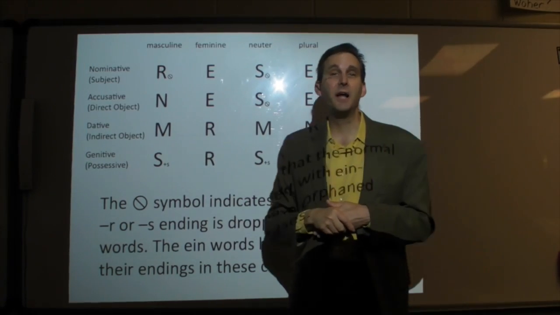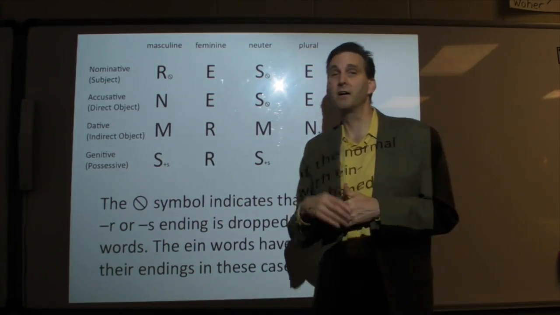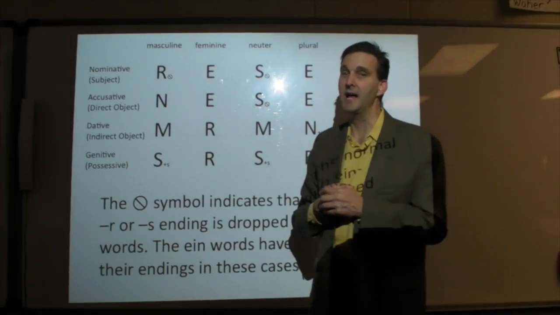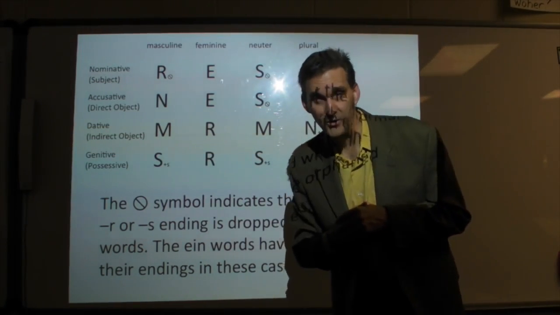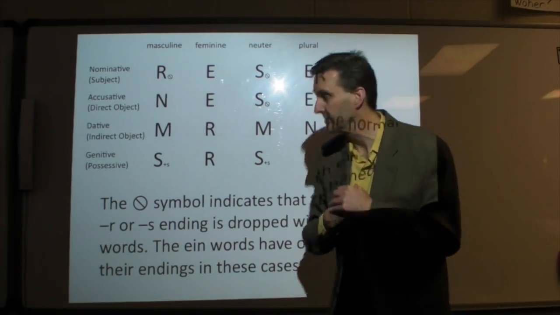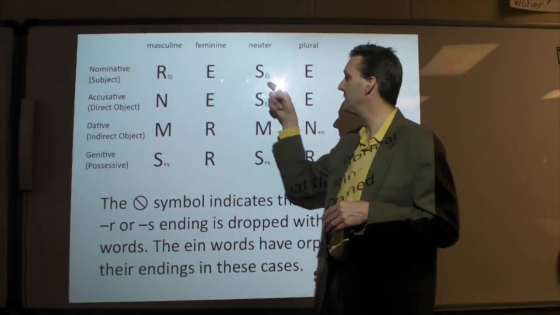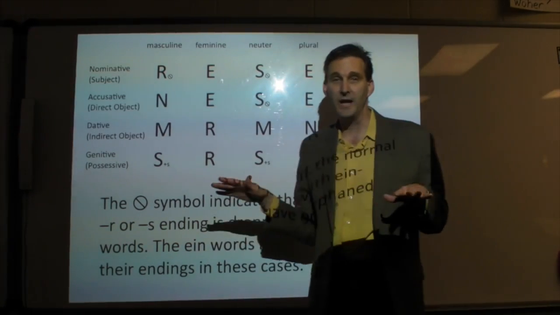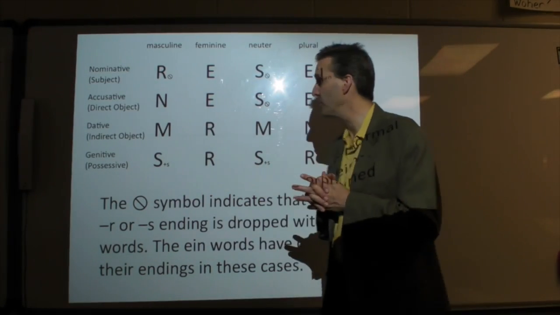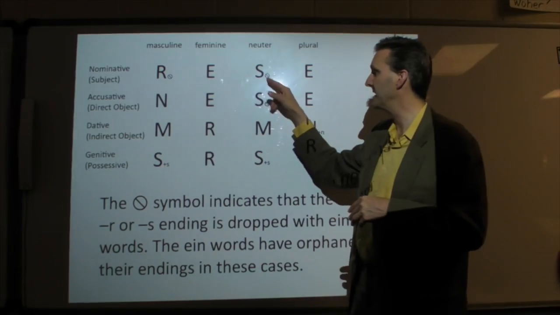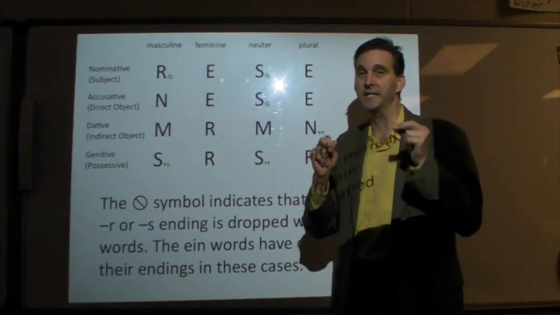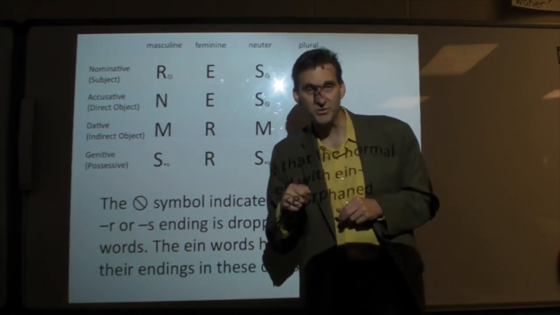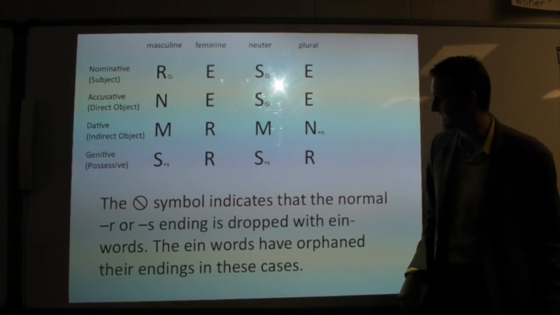We are going to find out that with ein words, there are 3 times when that doesn't happen, 3 times when those endings get orphaned. Oh, those poor little orphaned endings. Okay? So that's here, here, and here. There is no ending for it. Okay? So we don't take the R, we don't take the S or this S. In just those 3 cases, and only with the list of ein words that you just wrote. That's the idea of that.